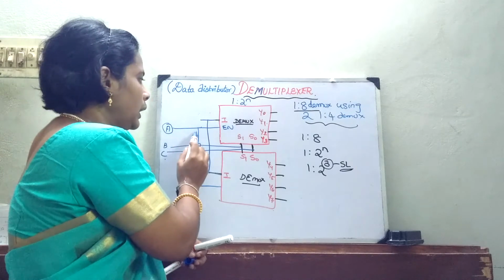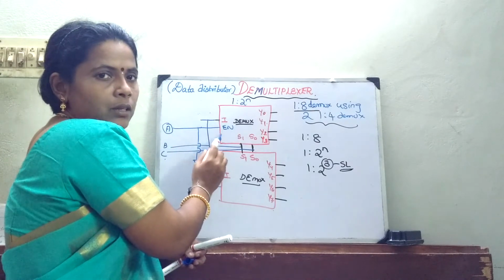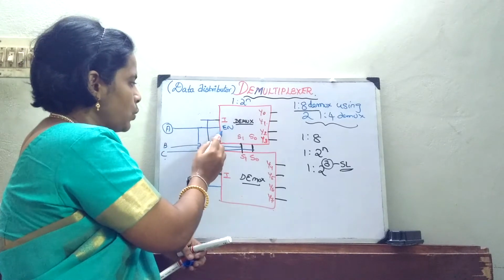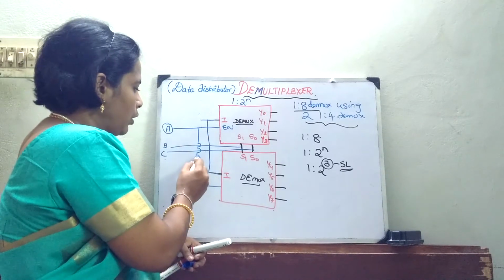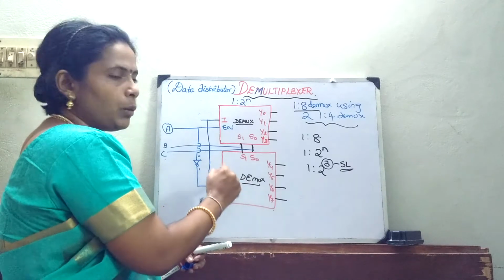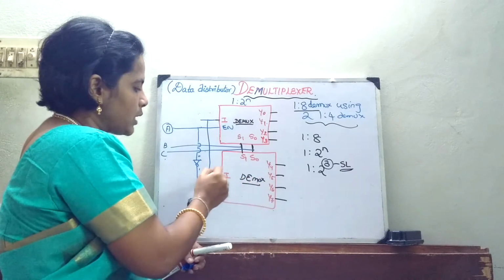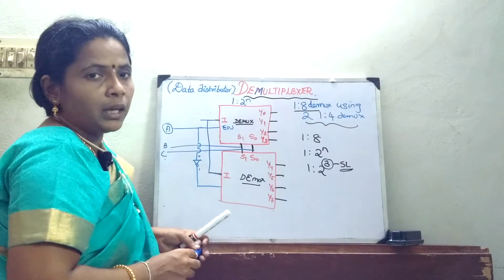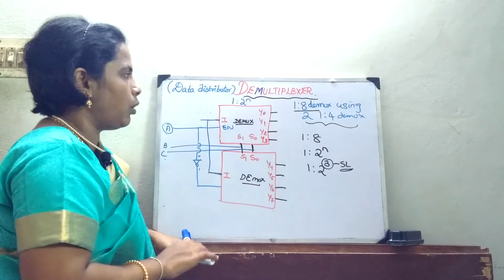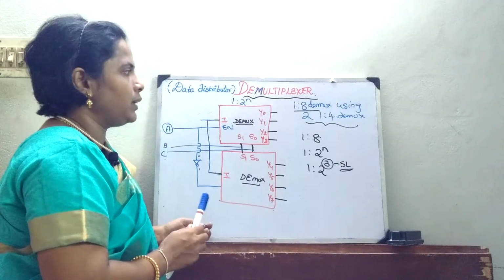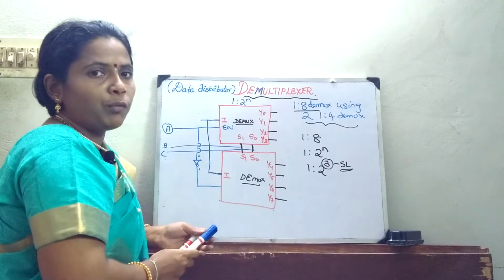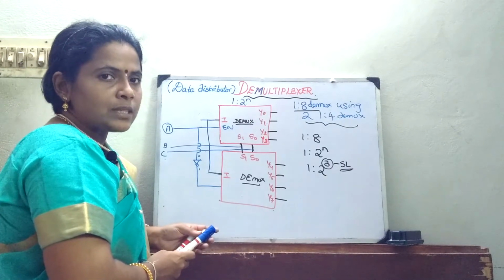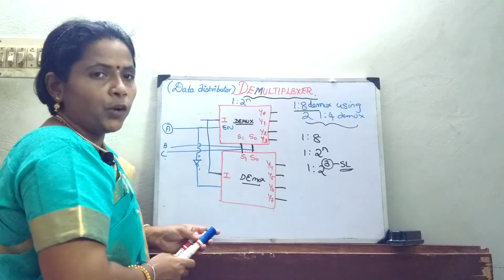If I give E as 0 here, this demux will be enabled and the input I will be routed out through any of your outputs. Now this completes the implementation of a 1x8 demux using two 1x4 demux.